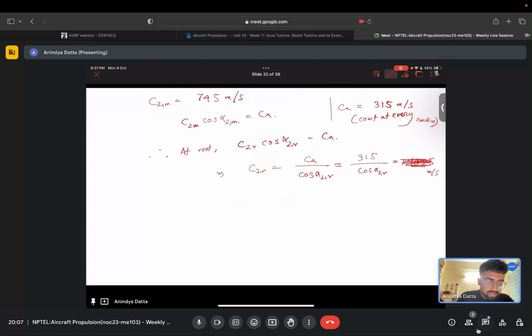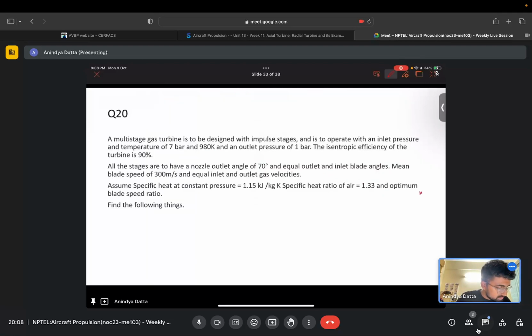315 divided by cos of 66 is like 774 meter per second.